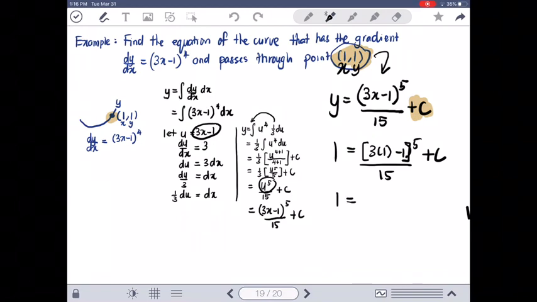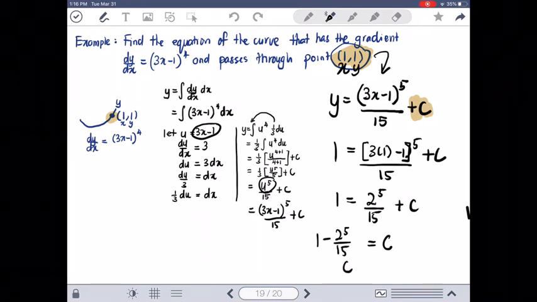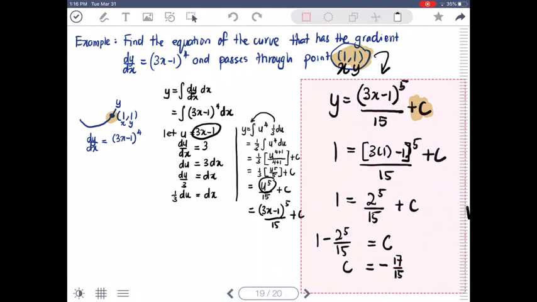So we have 1 equals 2 to the power of 5 over 15 plus c. c equals 1 minus 2 to the power of 5 over 15. c equals, let me see, negative 17 over 15. That is by calculator.